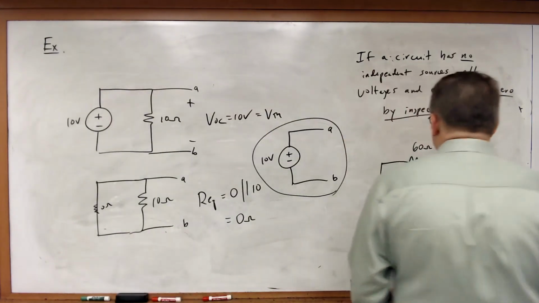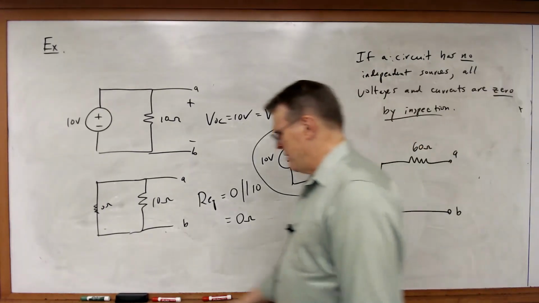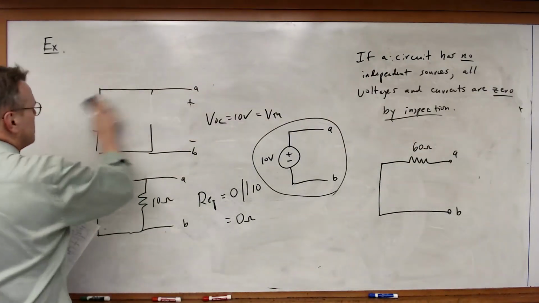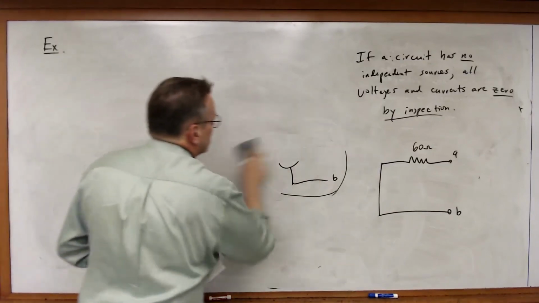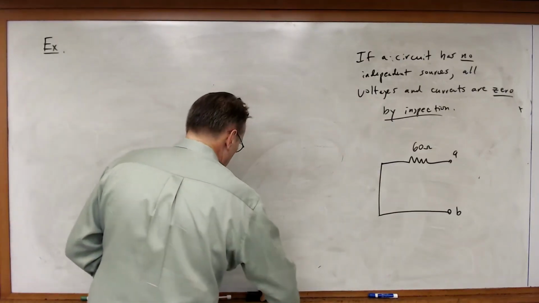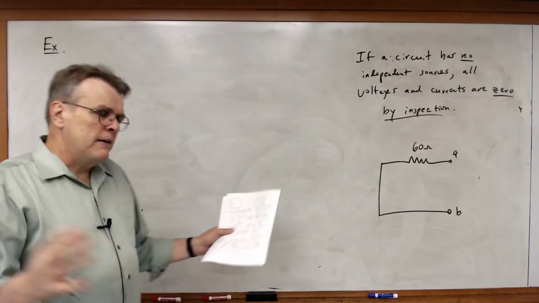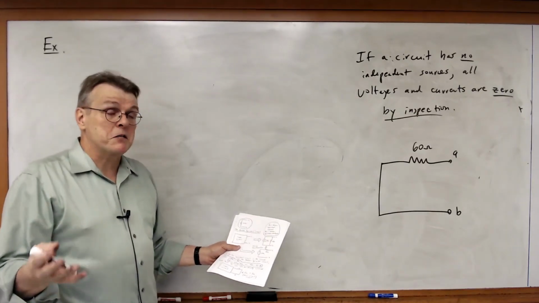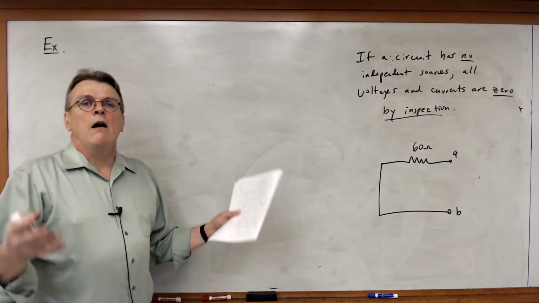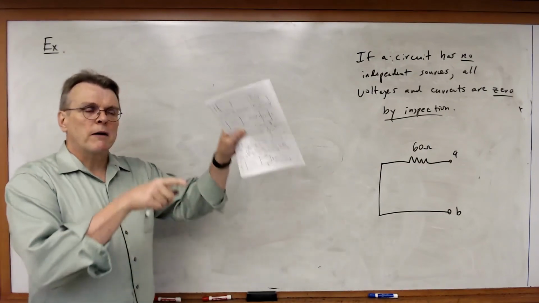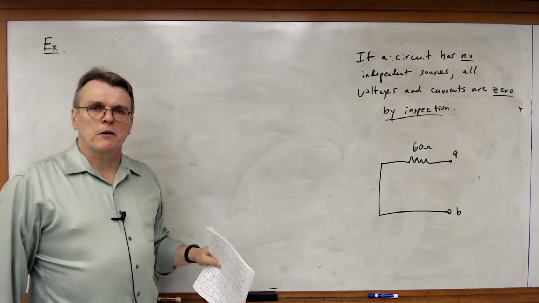Okay? One final thing I'd like to say about Thevenin's theorem, and this is hopefully kind of obvious to you: Thevenin's theorem is always a function of which two nodes you are taking the Thevenin equivalent circuit across.